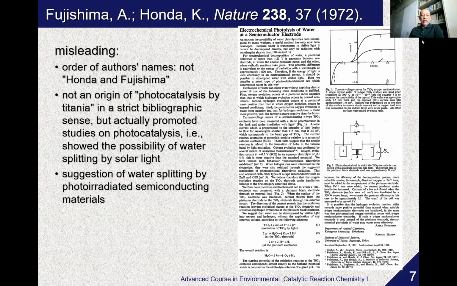Sometimes this is called Honda and Fujishima's paper, but actually the order of authors' names is Fujishima and Honda. The other important point is that this is a very, very highly original paper. That is true. However, this is not the origin of photocatalysis by titanium in the strict bibliographic sense.